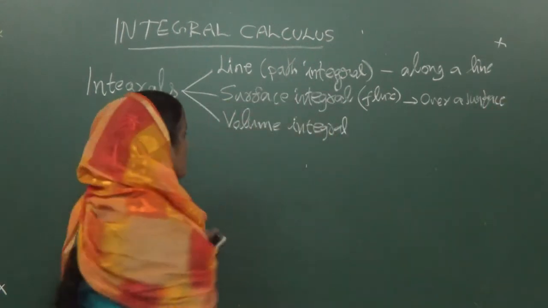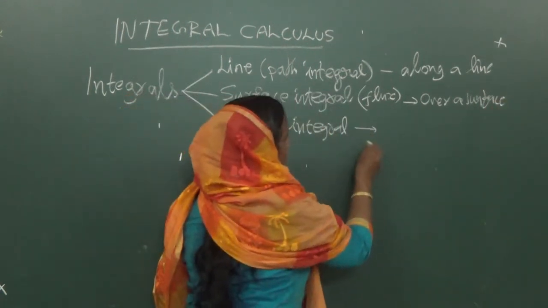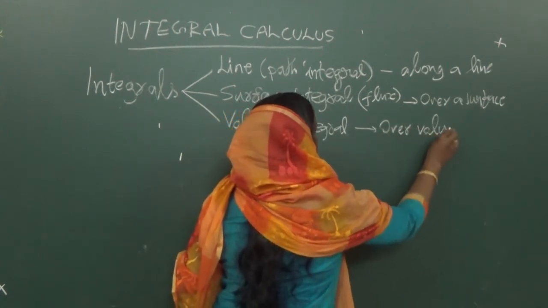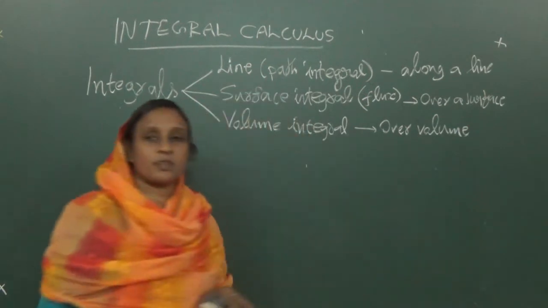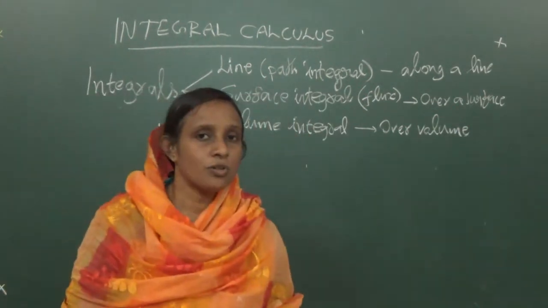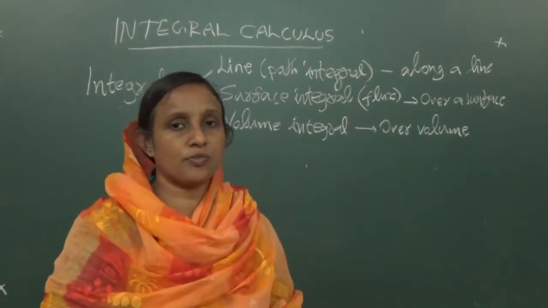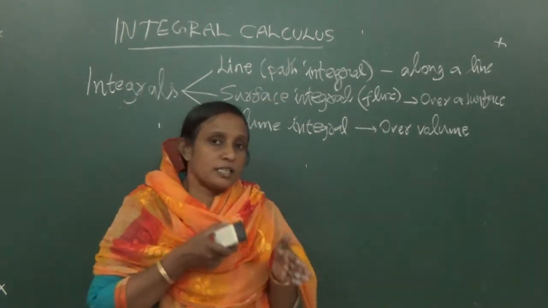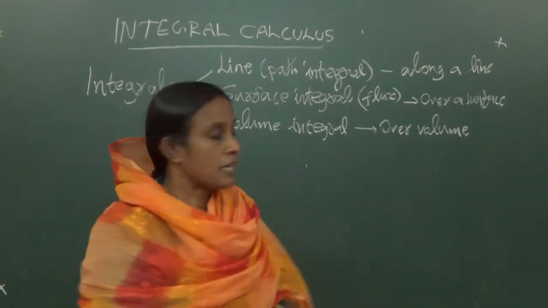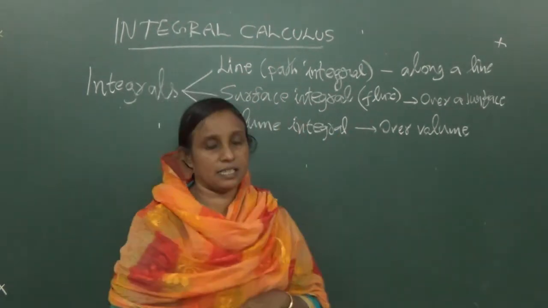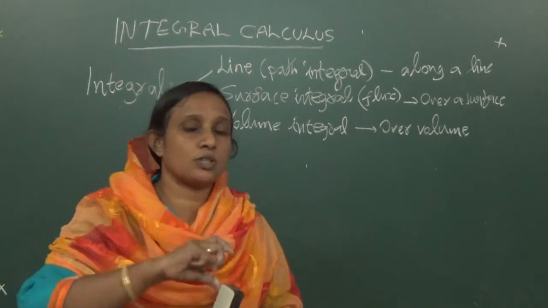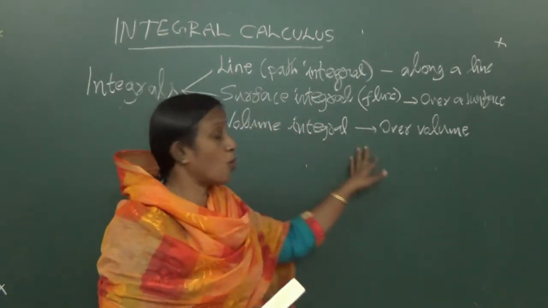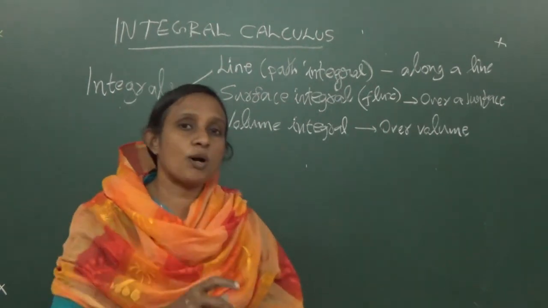Then comes volume integral, where the integral is over a volume. So there are three types of integrals we want to learn now. The first one is line integral, integration along a line. The second one is surface integral, over a surface. The third one is the volume integral, integration over a volume.